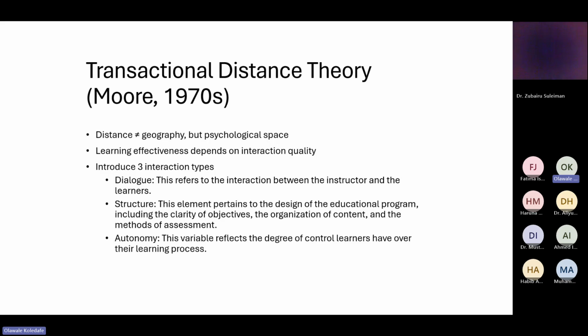I am only there to help you facilitate whatever you want. You still have absolute control over your learning process. You take over, you're in charge. And that is one thing we really need to understand when we're talking about open and distance education.